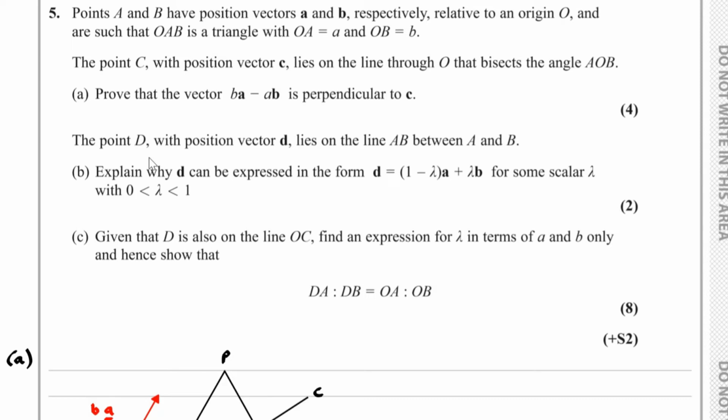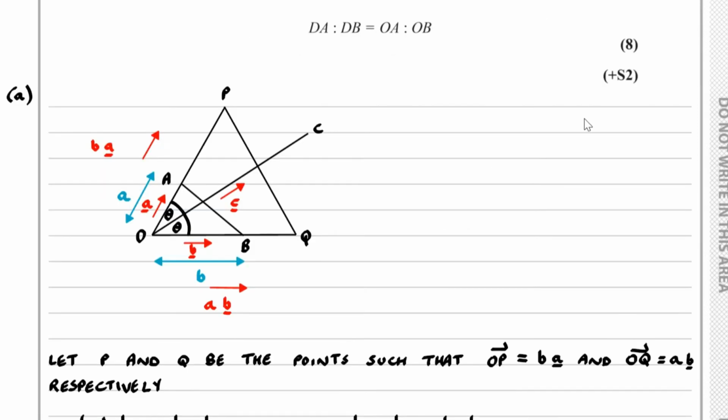For part b of the question, the point D with position vector d lies on the line AB between A and B. We have to explain why d can be expressed in the form d equals 1 minus lambda multiplied by a plus lambda b for some scalar lambda, with lambda being in between 0 and 1. Well, what we are saying here is we've got the point D which lies somewhere on AB.